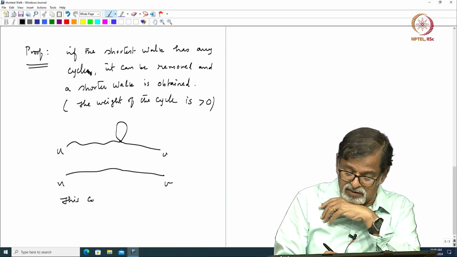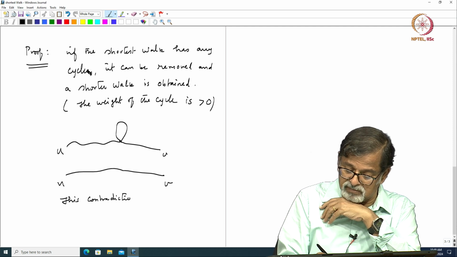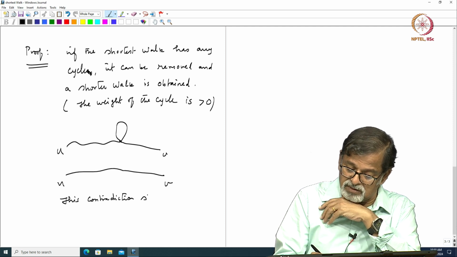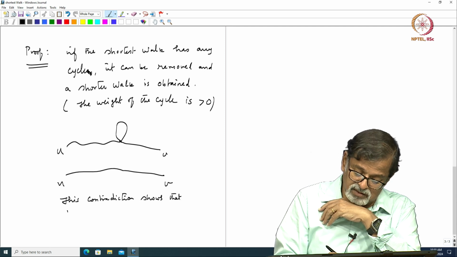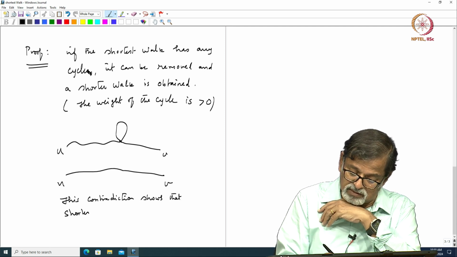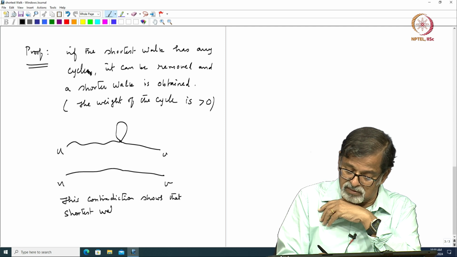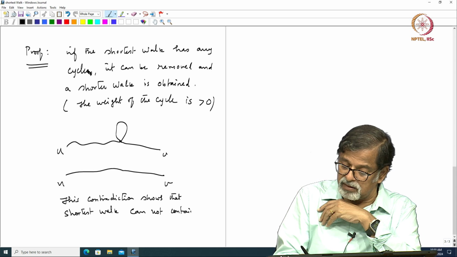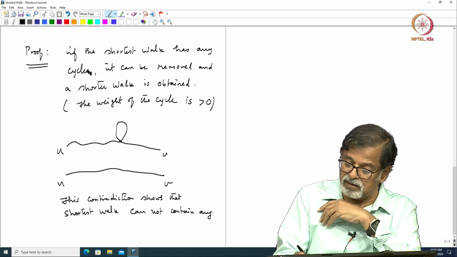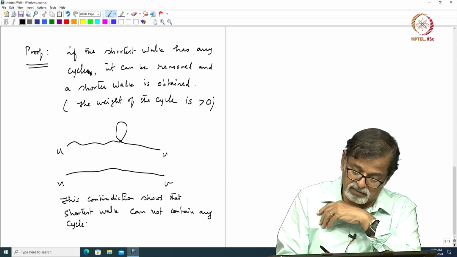This contradiction shows that the shortest walk cannot contain any cycle.